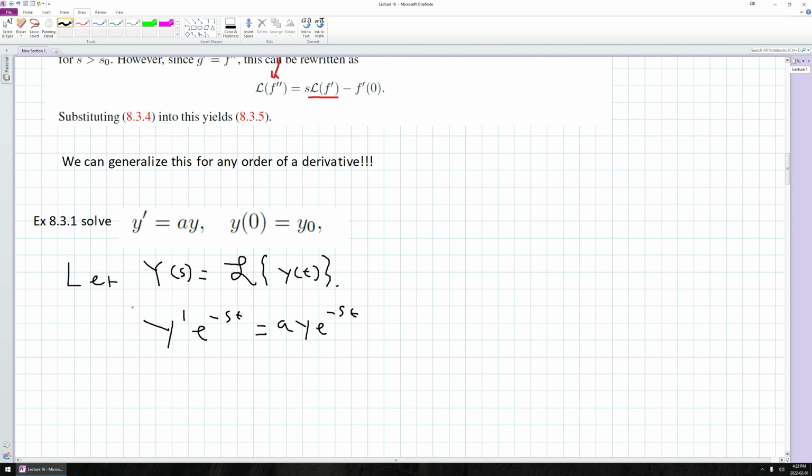And then you can integrate with respect to t on both sides from 0 up to infinity. Okay, so here we're doing the Laplace transform of each side. Okay, so using our kind of better notation for the Laplace transform, this is really saying I am computing the Laplace transform of y prime, and I'm setting it equal to the Laplace transform of a y.